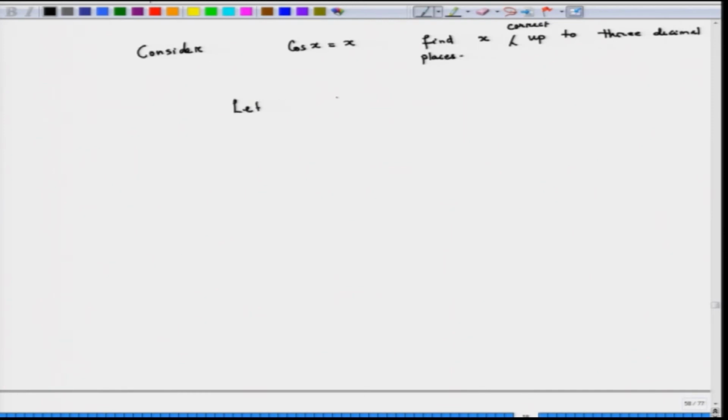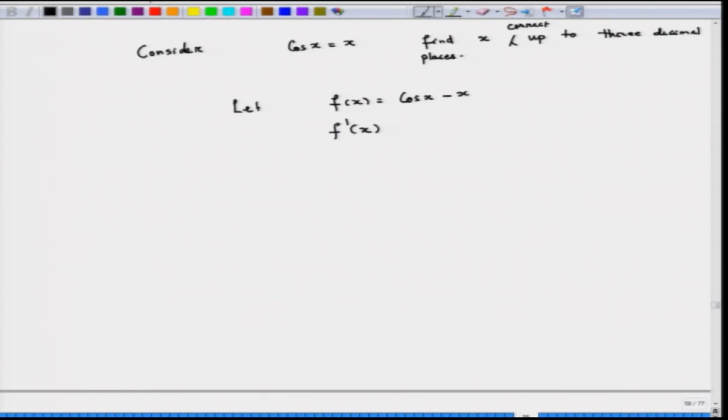So, let f of x is equal to cos x minus x. We are interested in finding x such that f of x is equal to 0. Now, f prime of x is equal to minus sin x minus 1.